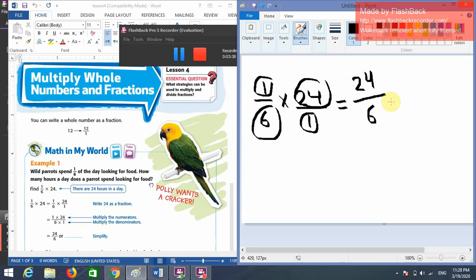Here when I read 24 over 6, let's simplify 24 over 6. Ask yourself, which number times 6 equals 24? Yes, bravo. Revise table 6. It's number 4. 4 times 6 equals 24. So what is the answer? Yes, 4.